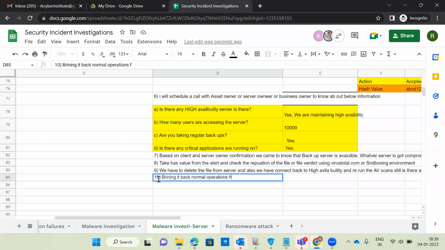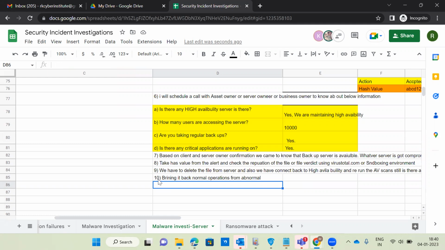From abnormal. What is meant by normal operations versus abnormal? Normal means the server is fine, working fine, and all the end users are trying to access it and the server is responding back. That is called the normal position. Abnormal is when the server got compromised, an abnormal activity. From abnormal to normal, we have to bring it back as a recovery.